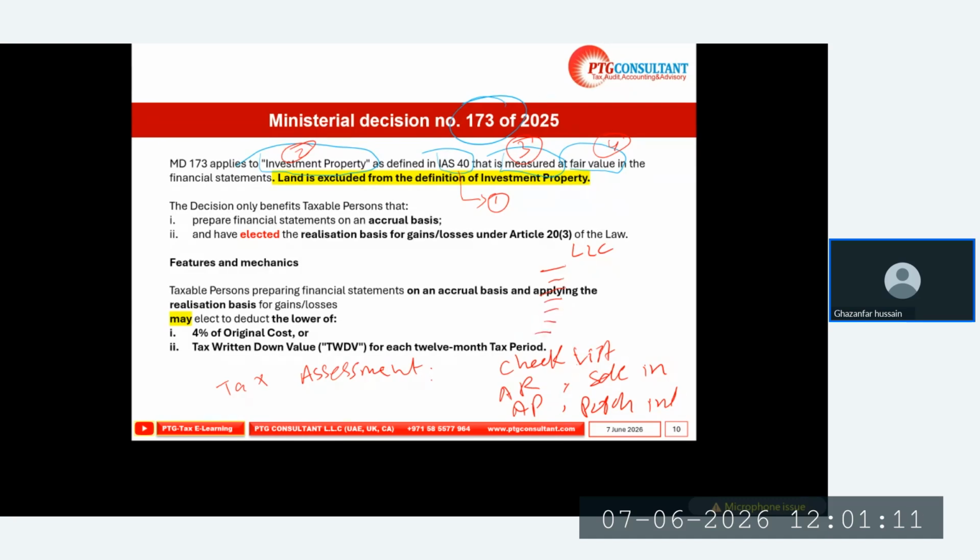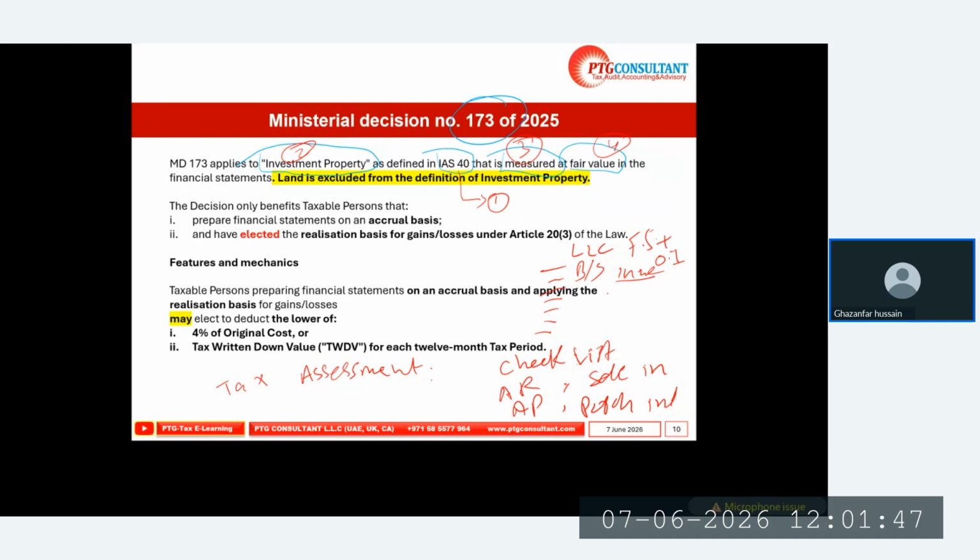How are you going to start? You have to get their financial statements, plus other information wherever applicable, because normally the financial statements may not cover all the points. So you will check: in their balance sheet, investment property is shown. Good.